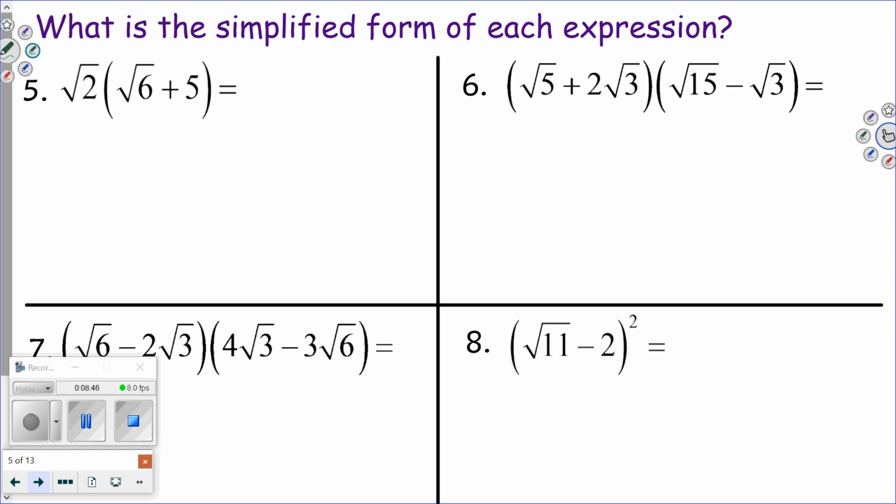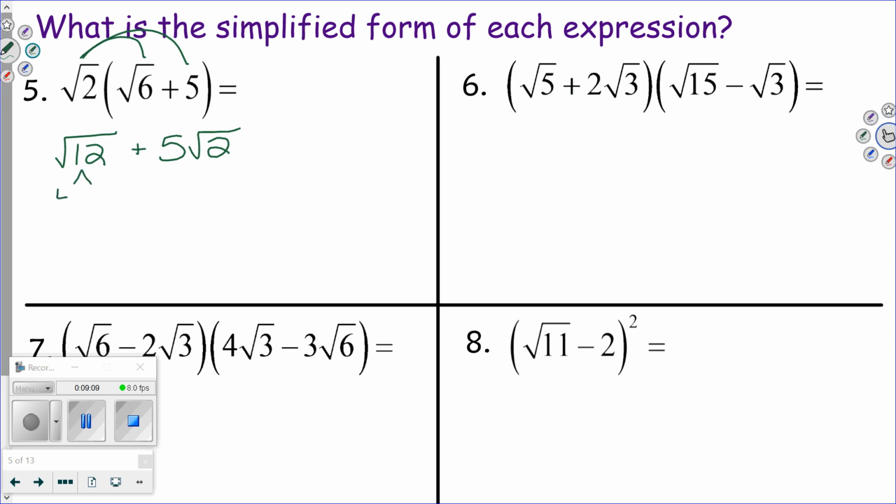Okay, why don't you guys try number 5 on your own? Just number 5. All right, so multiplying here, we'll distribute. Radical 2 times radical 6 is radical 12. Radical 2 times 5 is just 5 radical 2. Right, one's a radical, one's not. And then did you simplify anything? I hope so.